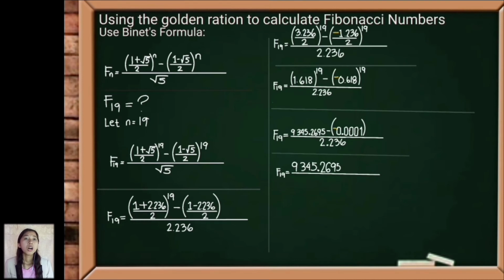9,345.2695. Okay, now here. Notice it's minus, it's subtraction, and inside the parentheses is negative. In the rule of integer class, if you were to simplify this one, everything that is put under the parentheses means you have to multiply. So you have to multiply the negative or the minus to the negative sign inside the parentheses, that will become positive.